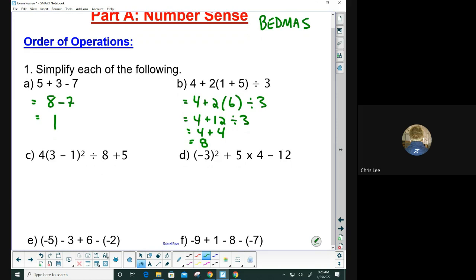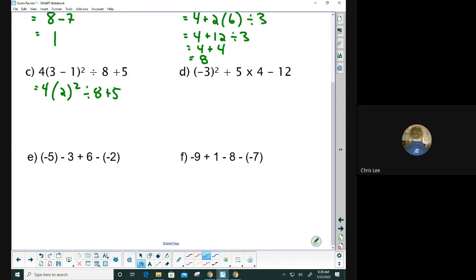Okay, how about in this one? All right, great. So I did the operation inside the brackets. Oh, we got to do the exponent next, right? Don't get suckered in here and try and do 4 times 2. That's multiplying before the exponent. We got to do the exponent. The exponent 2 means what? Yeah, multiply by itself. 2 times 2, which in this case is 4.